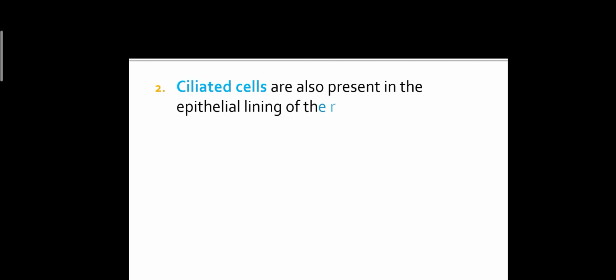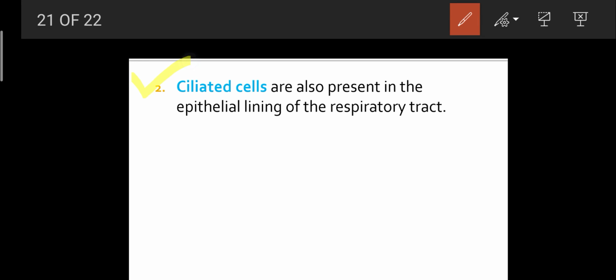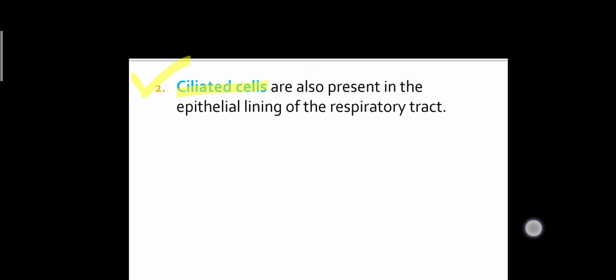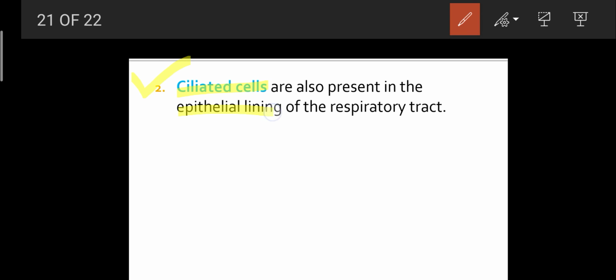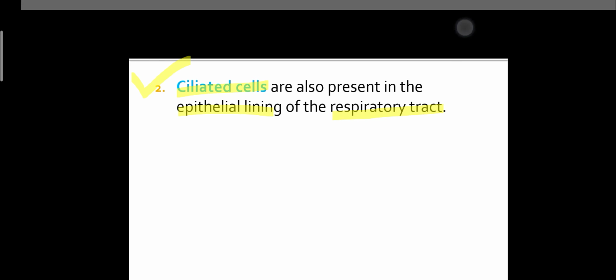The second type is ciliated cells. Ciliated cells are also present in the epithelial lining of the respiratory tract.